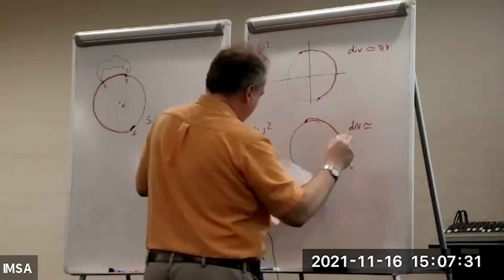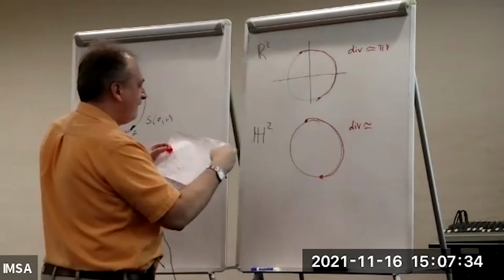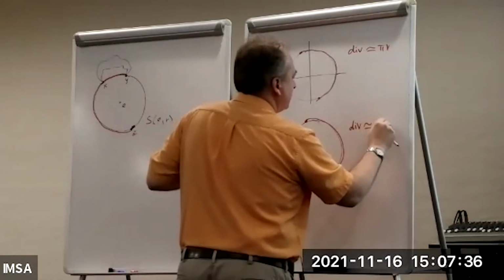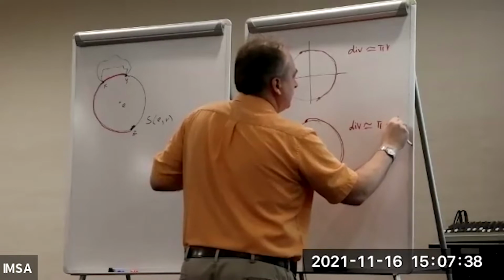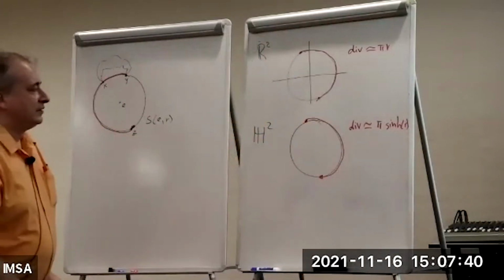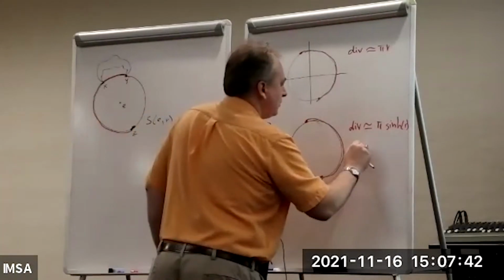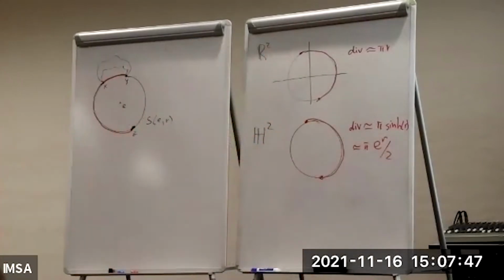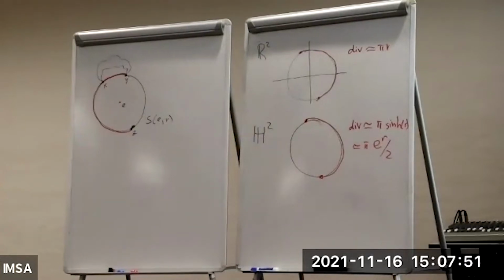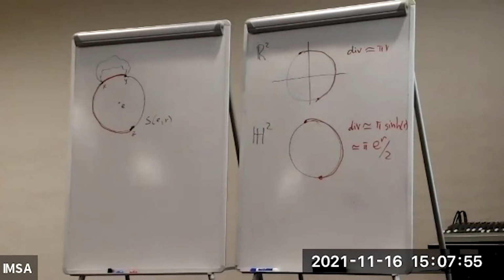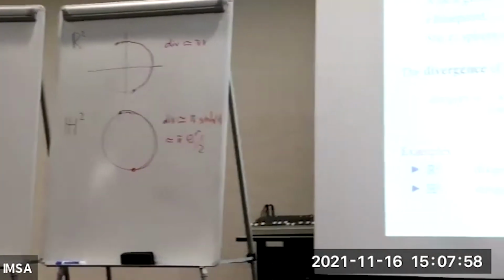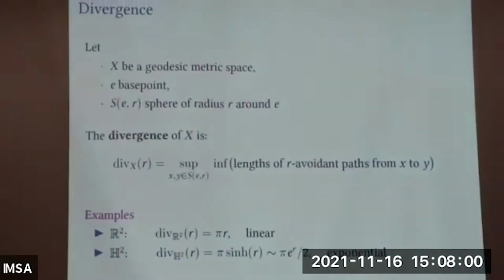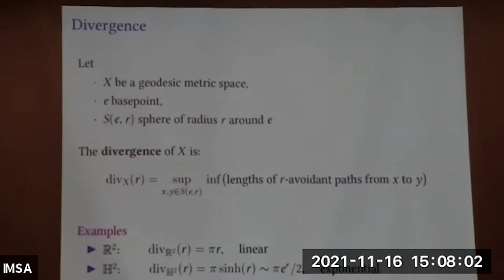So divergence is pi times sinh r, which is exponential in r asymptotically. So that is the simplest example of a dichotomy: in Euclidean space we have linear divergence, in hyperbolic exponential.